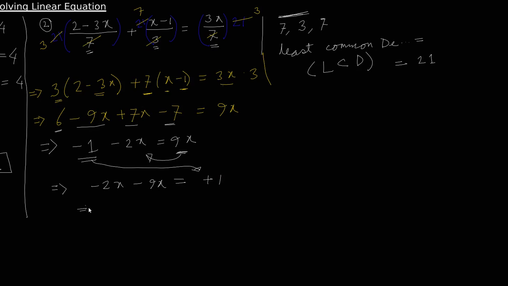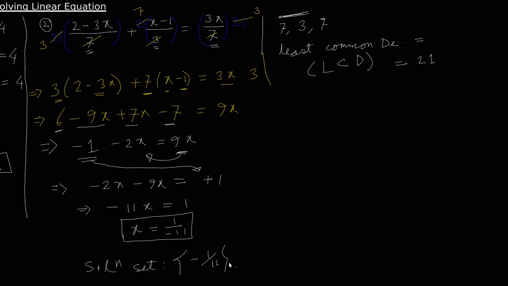So I have negative 11x equals 1, so x is 1 over negative 11. This is the solution for x. The solution set is negative 1 over 11. So this is the solution for problem number 2.